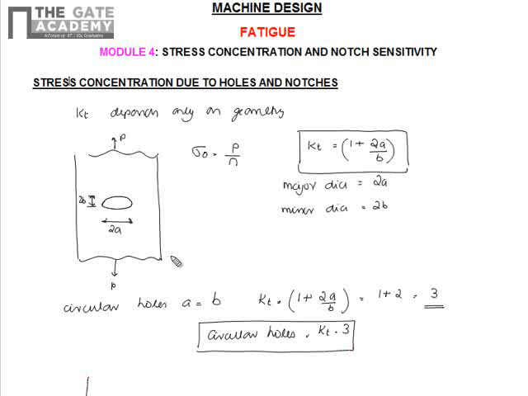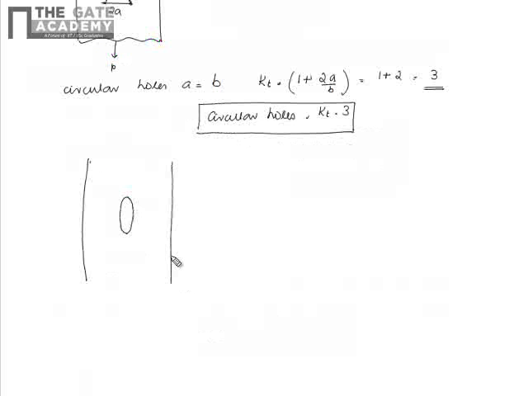Now we will see another configuration of this elliptical crack, with the orientation changed by 90 degrees. So here also this is 2a, this is 2b. Now in this case the ratio a by b is equal to 1 by 2, or b is 2 times a.